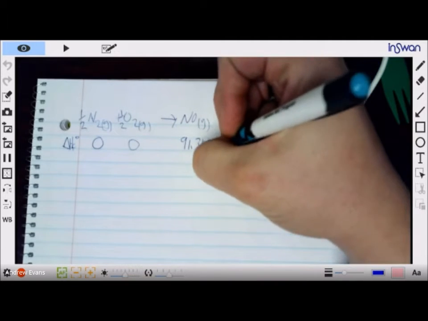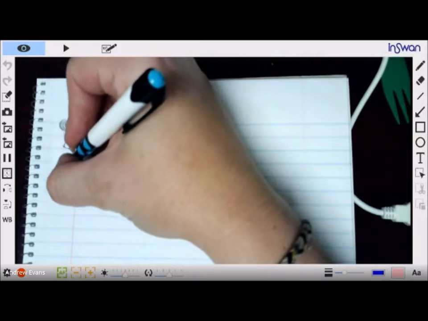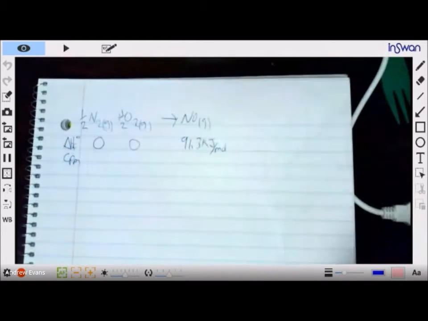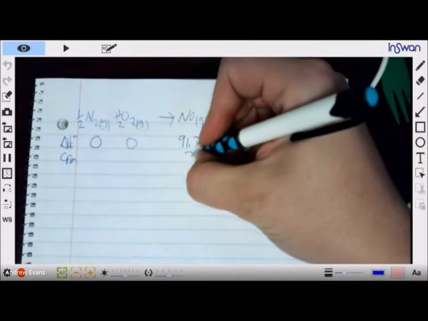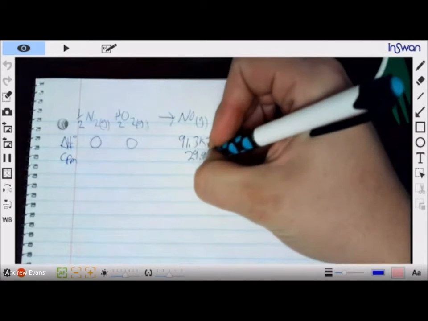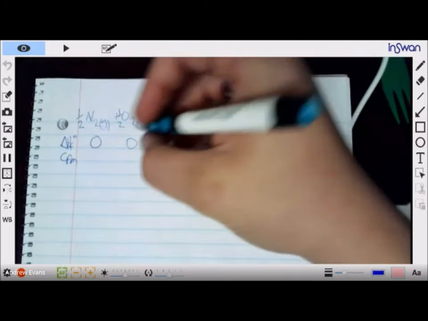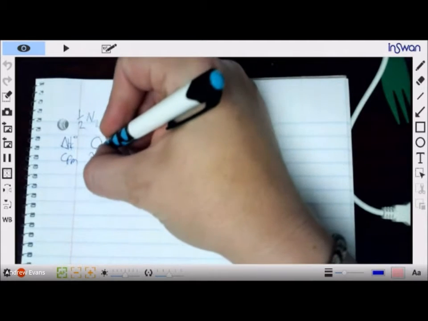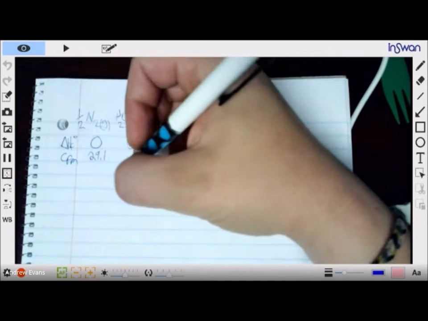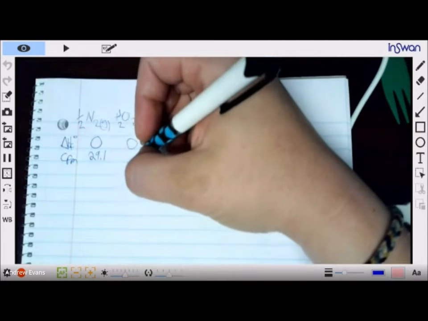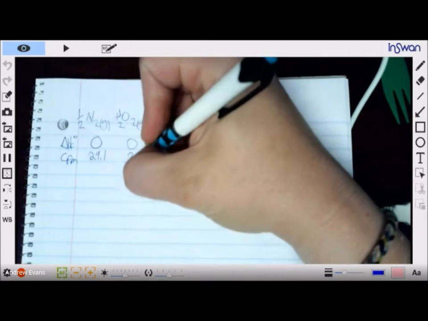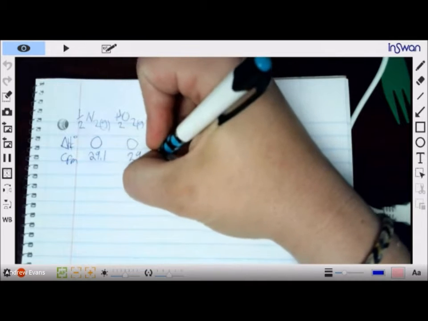Now, another important thing would be calculating your C sub P sub M. For NO it's 29.9. N2 gas is 29.1. And O2 gas is 29.4.